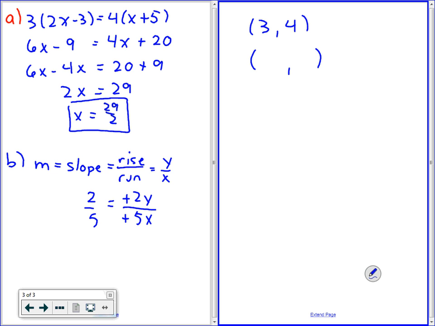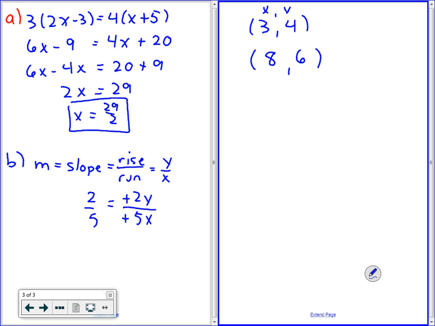No. What? Oh wait, no, it's the other way around. It's (8, 6). Okay, so the reason I got that, guys, is that I added 5 to my x, and I added 2 to my y. All right? What's another point I could get here then?